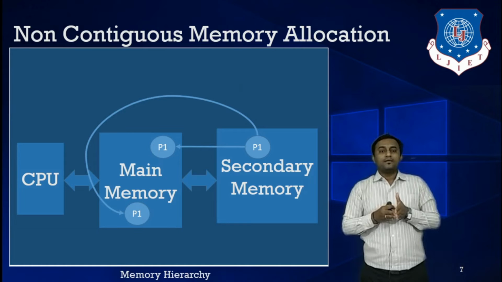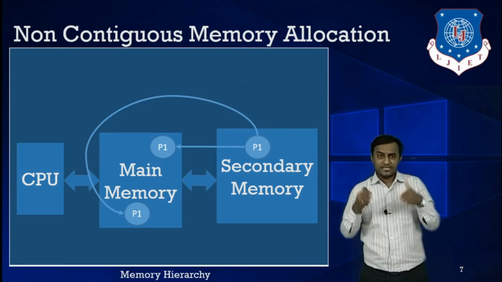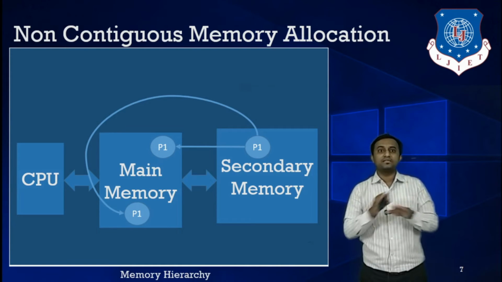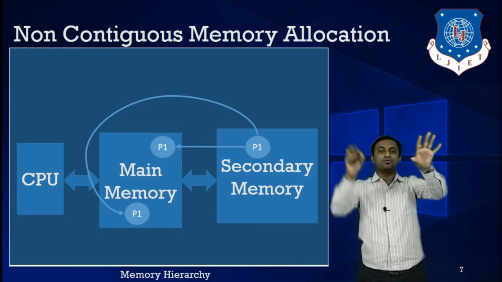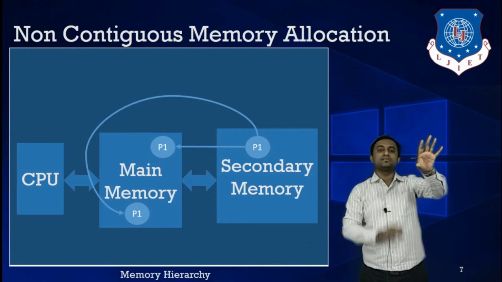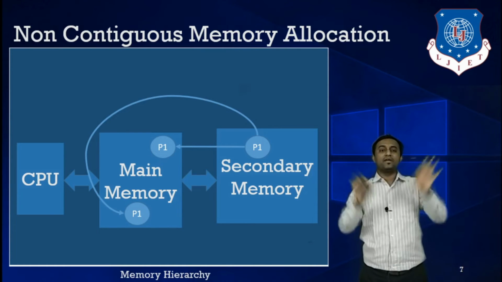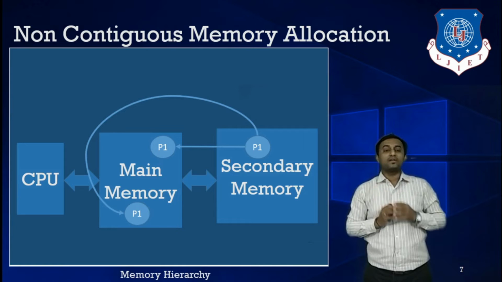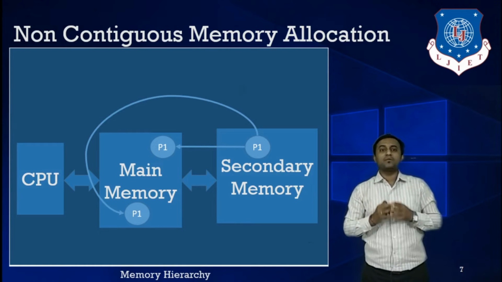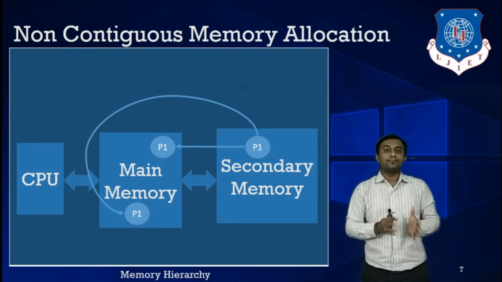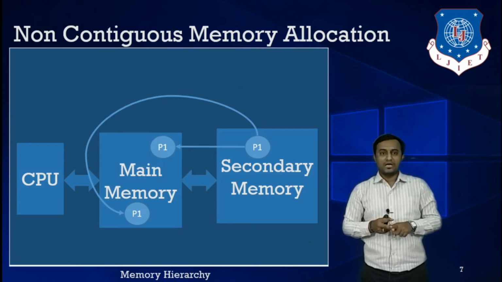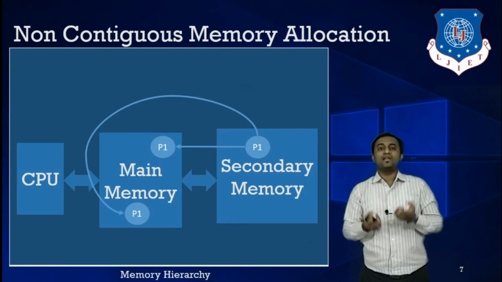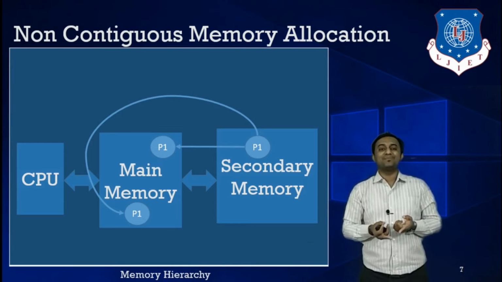If 10 KB of space is available but in a scattered manner, like 1 KB is here and 2 KB is here, 3 KB is here, scattered all over, with a total of 10 KB in main memory, we cannot store that process in main memory. That is a limitation of contiguous memory allocation. But what will happen in the case of non-contiguous memory allocation?